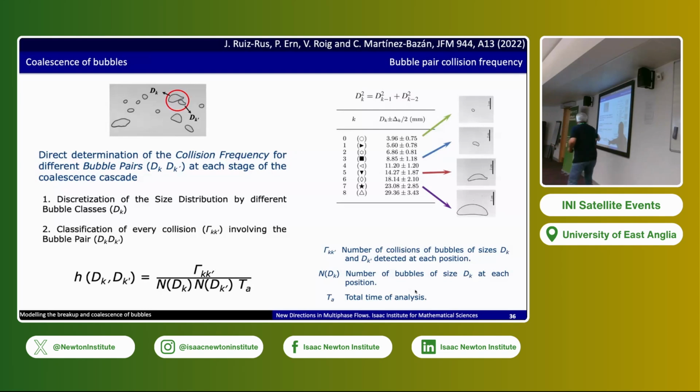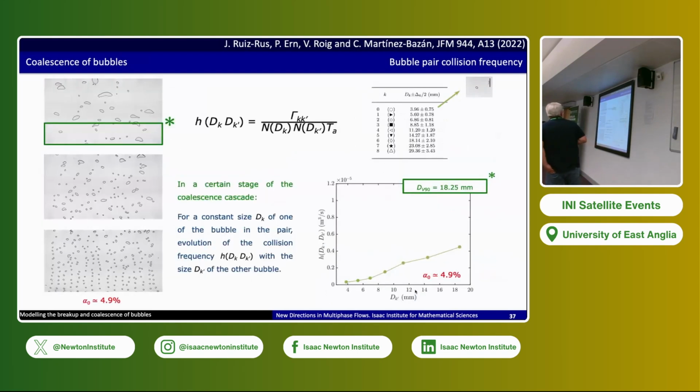So here we have the coalescence frequency of bubbles of size k with bubbles of size k prime. We count the number of collisions divided by the number of bubbles in that window, the number of the other bubbles in the same window, and the time. So we have a direct measurement of the coalescence frequency.